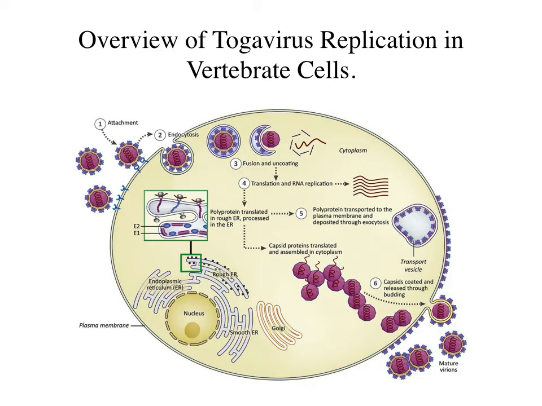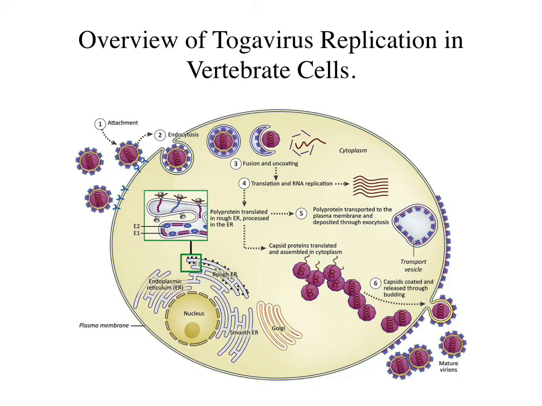This is an overview of togavirus replication in vertebrate cells. So these are all the steps that we've talked about. You have attachment of the virion to host cell receptors, the particles brought in by endocytosis. You have a drop in pH, which leads to fusion and uncoating. You get translation and RNA replication.